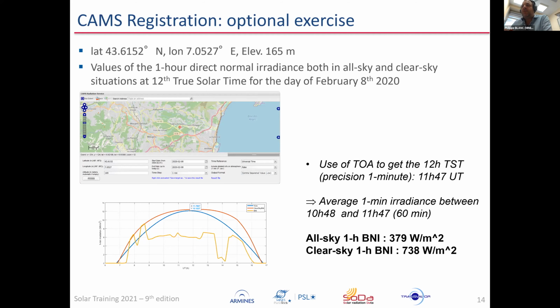If you do this average for this time interval, then you will get the clear sky 1 hour direct normal irradiance of 738 watts per square meter. And for the all sky 1 hour direct normal irradiance, you will get 378 watts per square meter. So Marie, did you get the same values?